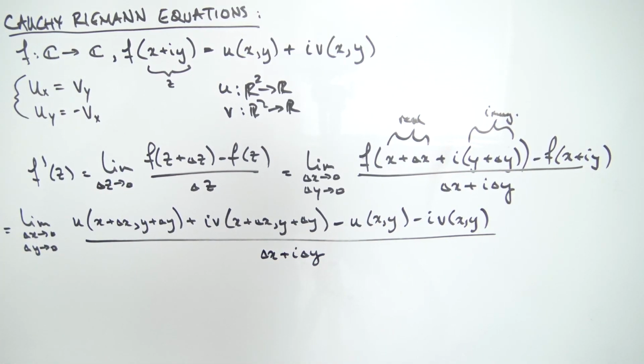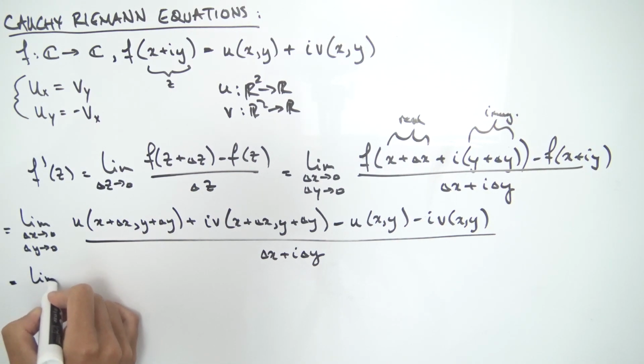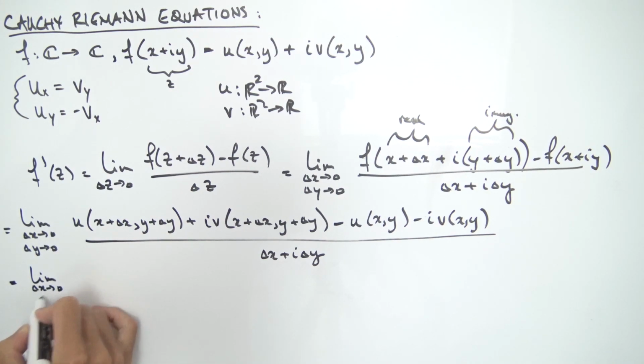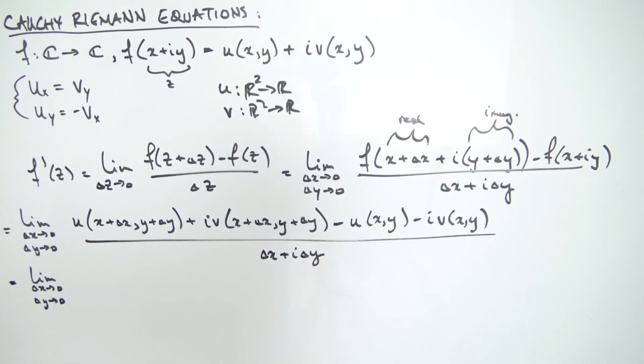Alright, and now we have our u's and v's, all our imaginary parts and real parts mixed together. Let's try to separate them out a little bit. So if we do so, we're going to get the limit as delta x approaches 0 and delta y approaches 0. Let's take a look at the u's first. That's our real part.